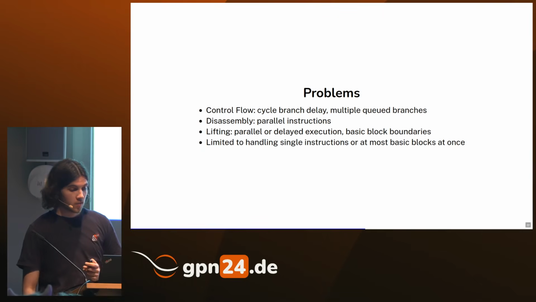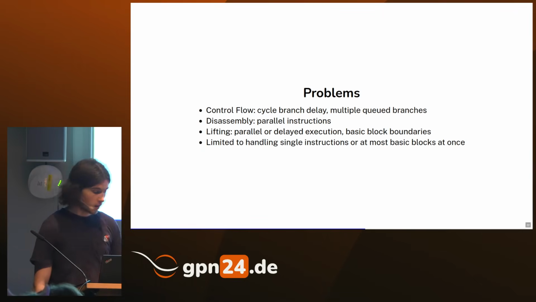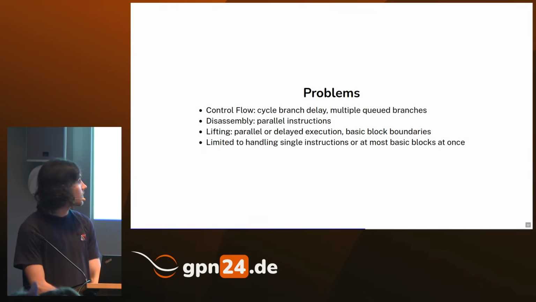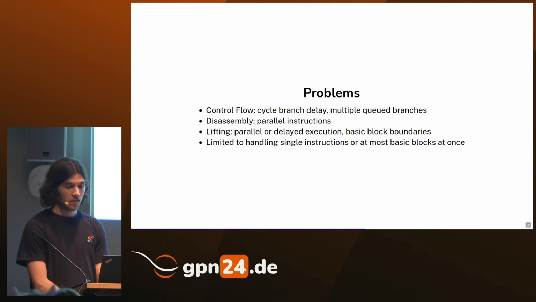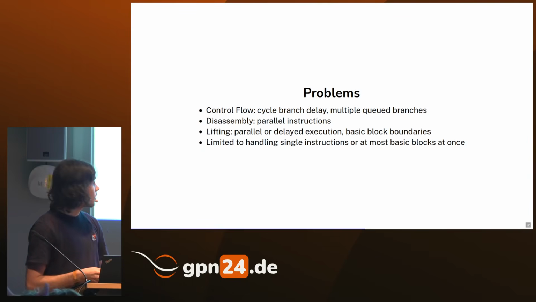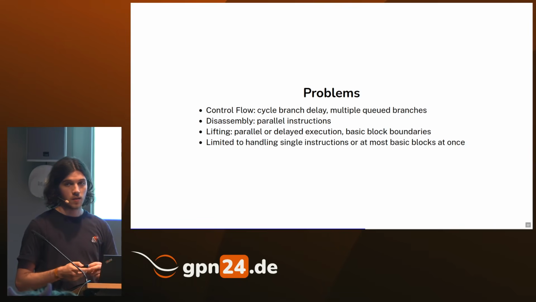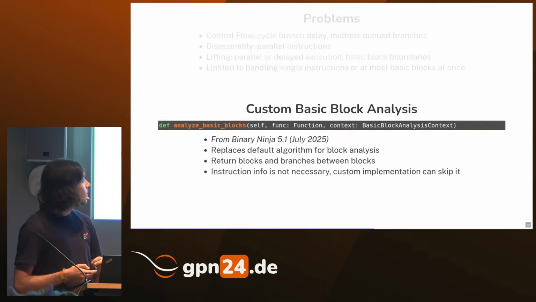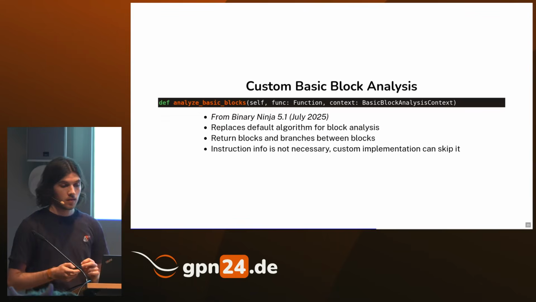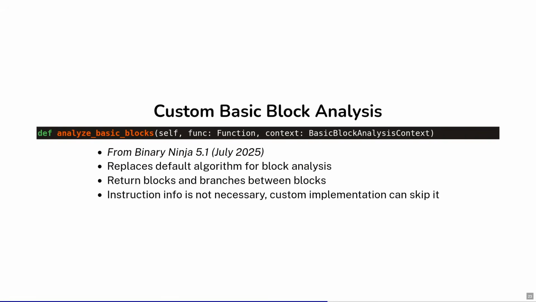And all of these problems are somehow caused by the first design, that each of these tasks should be solved by handling single instructions. And that's something that started to change with updates over the last year. So we now will look at how to solve these things.